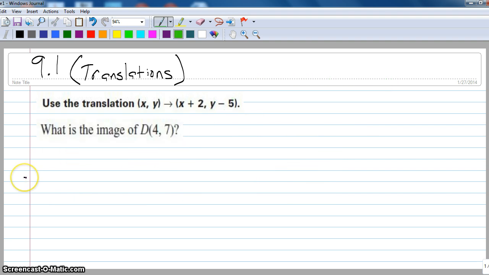Alright, so let's go over an actual question. What is the image of point D, (4, 7)? We're going to translate these points using that property.